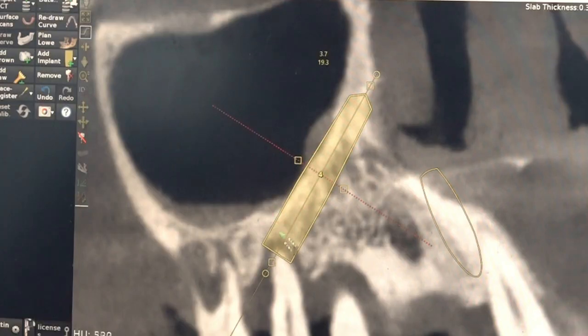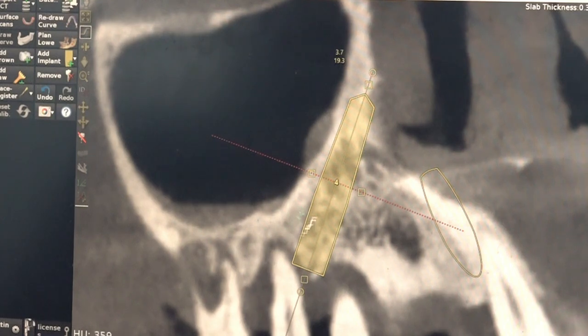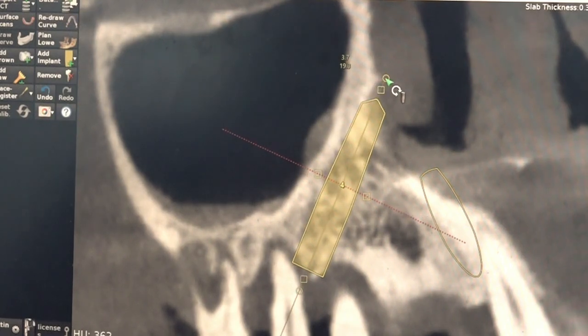Otherwise the bone above the crestal part of the implant will be very less. It will resorb and we will end up in failure. So the starting point should be from 4 and 5. So you have enough bone surrounding 360 degrees of the crestal part.